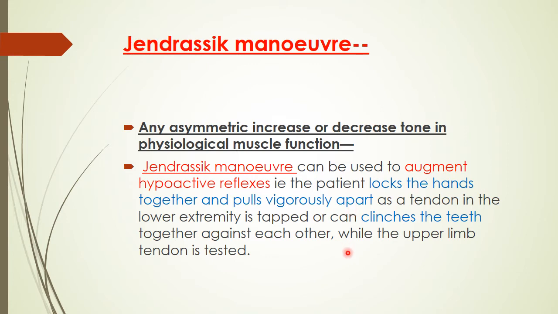But when we are doing reflexes for the upper limb, then we ask the subject to clench the teeth together against each other forcefully. These are the Jendrassik's maneuvers. It can increase the gamma motor neuron discharge.